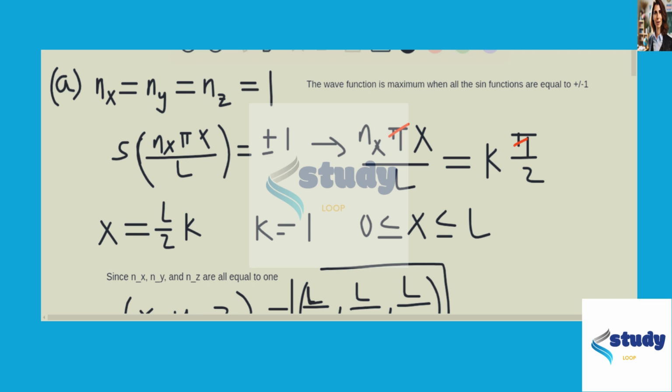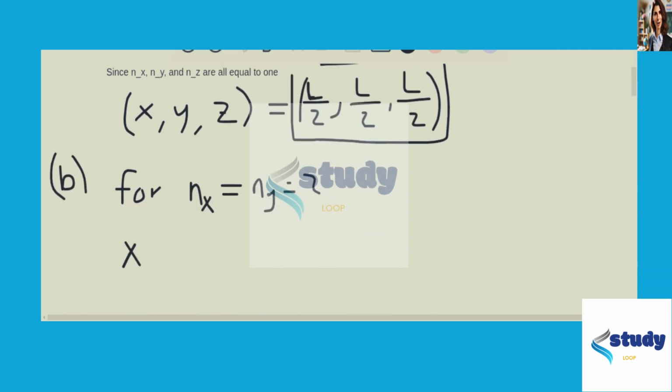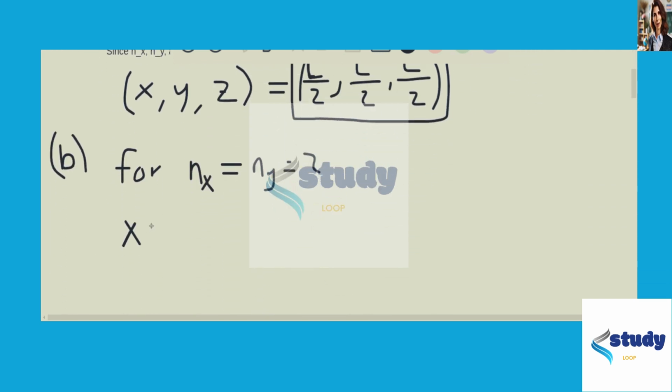So you're going to end up with x is equal to kL over 4, where k can be equal to 1 or 3.